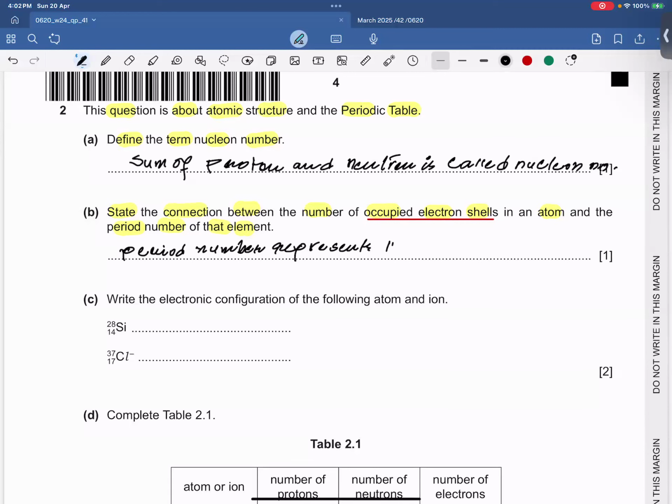So period number represents the occupied electron shells.